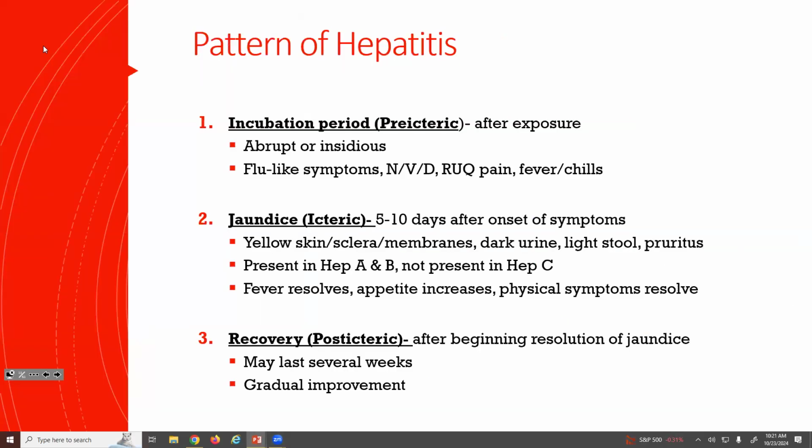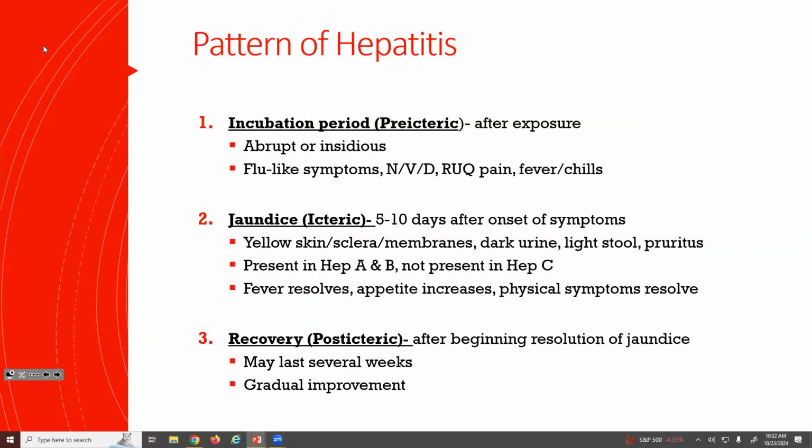Okay. There is a pattern of the infection process with hepatitis. So incubation period, we call that the pre-icteric, after exposure. Okay, so think about anytime you get some sort of virus or infection, right? You have the incubation period. You might have abrupt symptoms, or they can be insidious, so they kind of develop over some time.